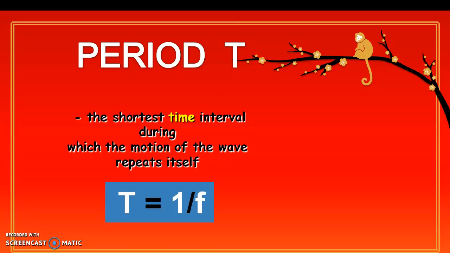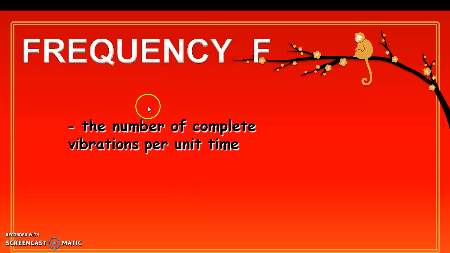The period is represented by this formula, 1 over f, where f here is frequency. We are going to be talking about the frequency. Frequency is the number of complete oscillations or vibrations per unit time. It's like we say frequent, how frequent something is.